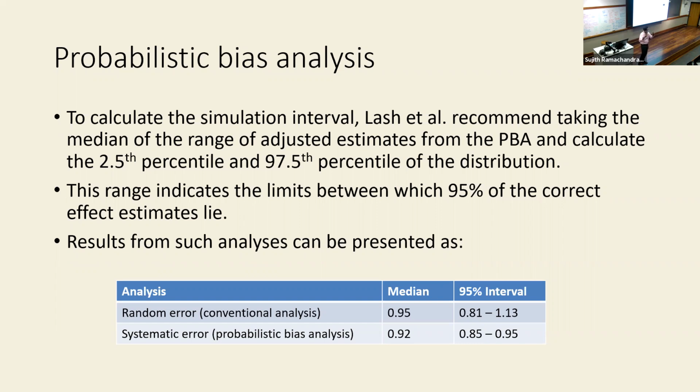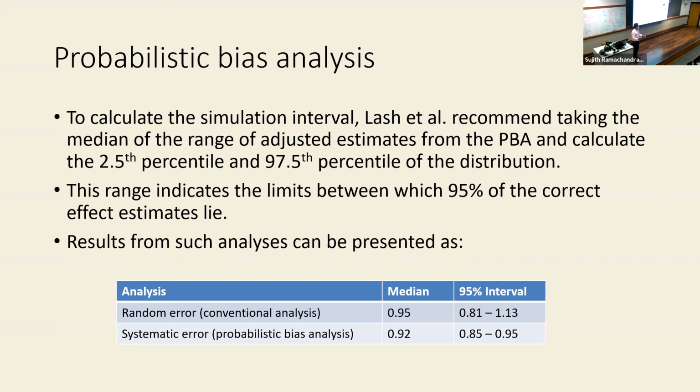You have a prior known distribution, and you use that to adjust the risk ratio you found. So if anything, it borrows from the Bayesian school of thought, not the frequentist school of thought at all. Anyway, you get that 2.5th percentile and 97.5th percentile, and now you can say that that range indicates the limits between which 95% of correct estimates lie.